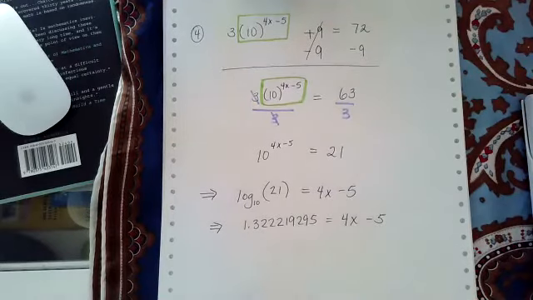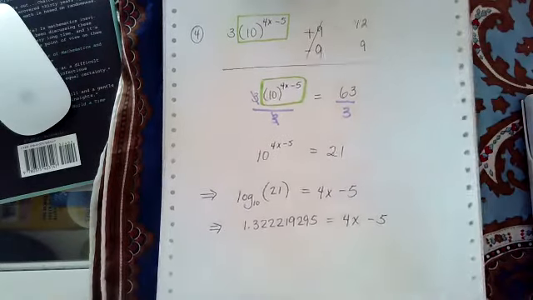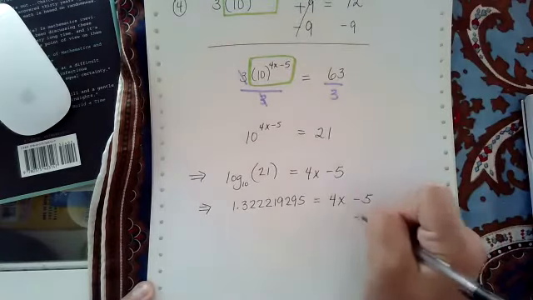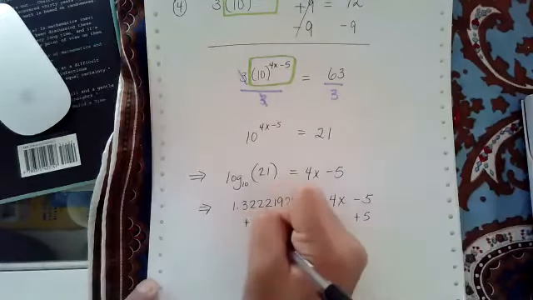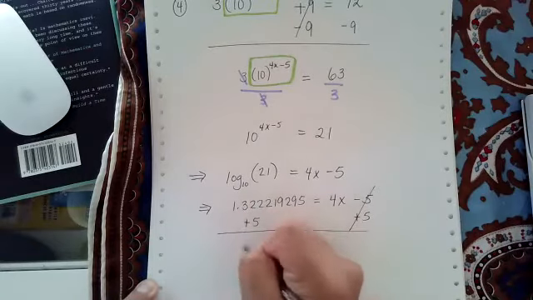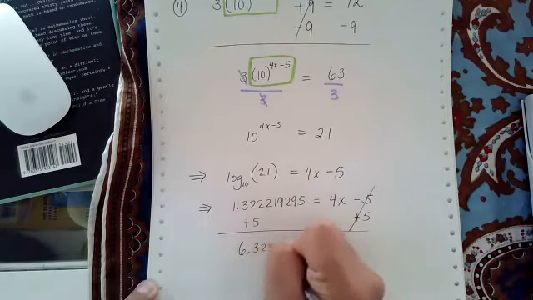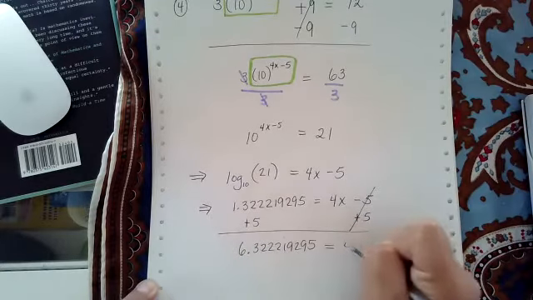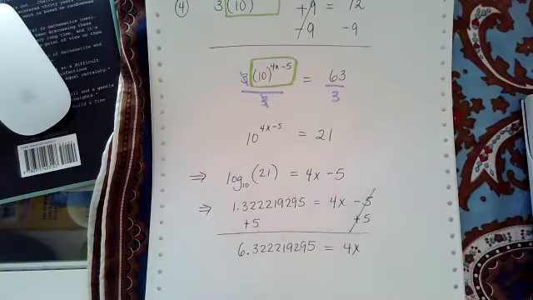Now what is the next step that I have to do? Add 5 to both sides. Yeah. Add 5 to both sides. So this will be 6.3222192947 is equal to 4x. And then what is the final step? Divide by 4.